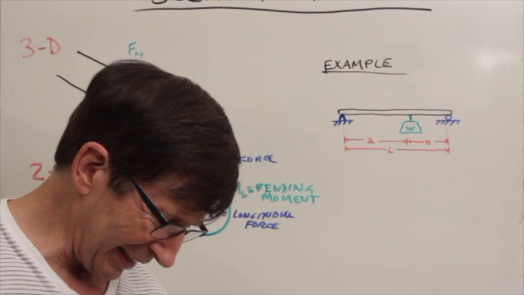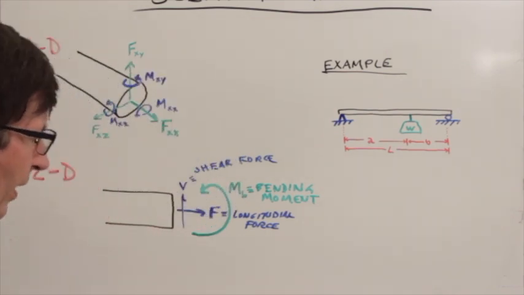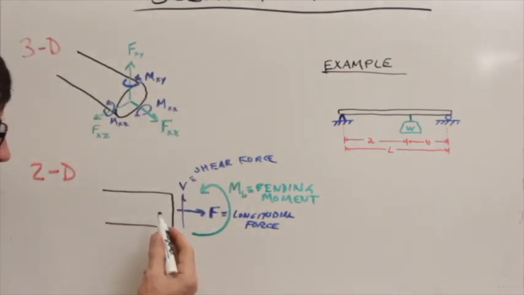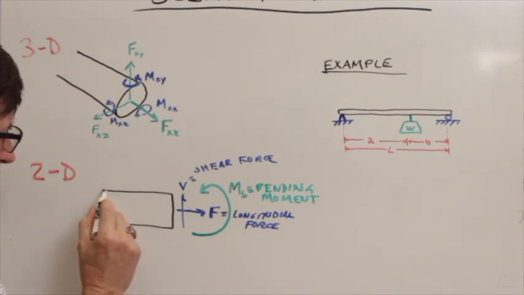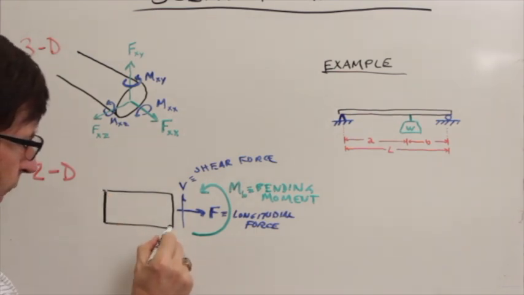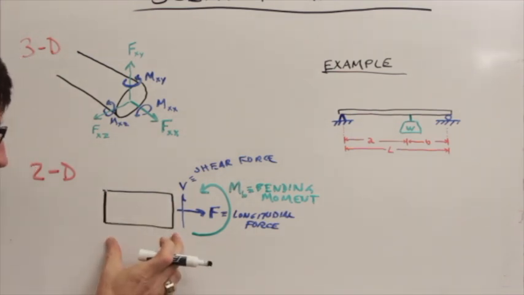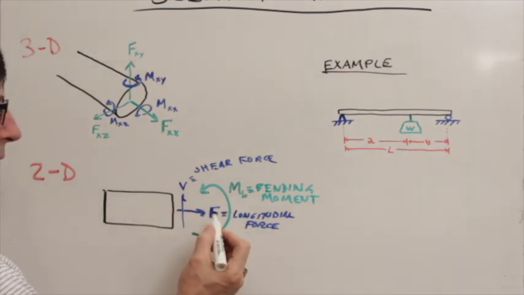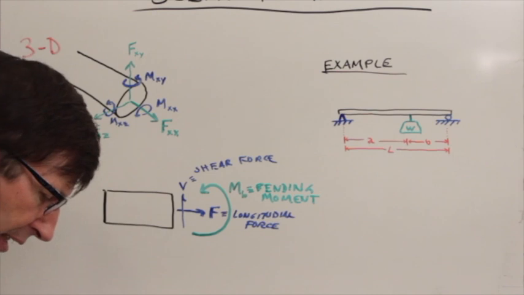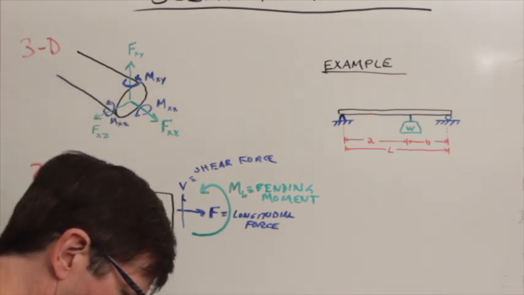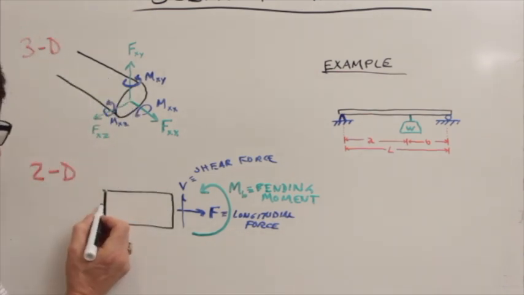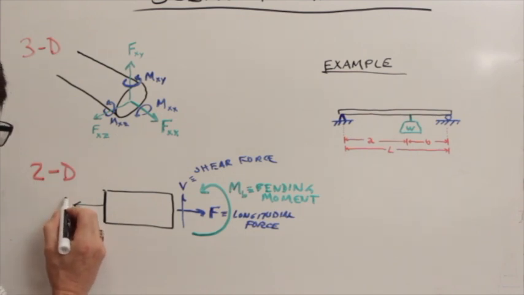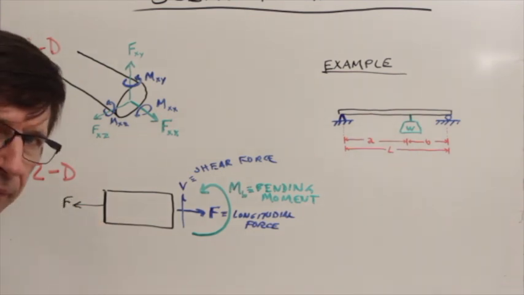But what that means is, to be in equilibrium, if we consider a free body, which is a section of our slender member, in order to balance out a force in that direction, we of course would need a balancing force of F in this direction.